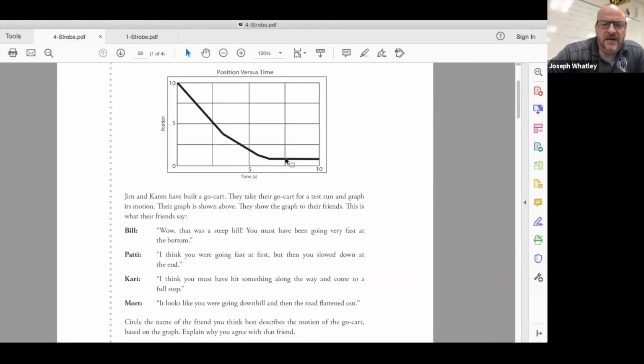What about 7.5 seconds? I'm still at position 1. At 8, 9, and 10 seconds, I'm still at position 1. Can we see that this line is flat? And that means the position, what's graphed on the y-axis, isn't changing. Time is moving along, but the position is staying flat.